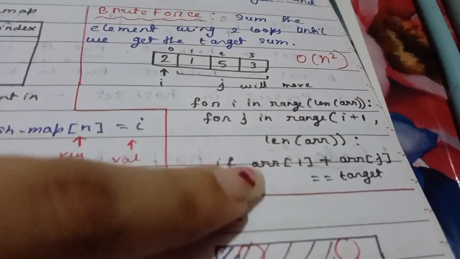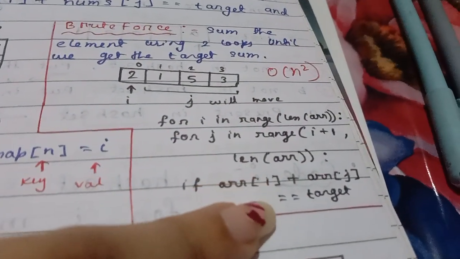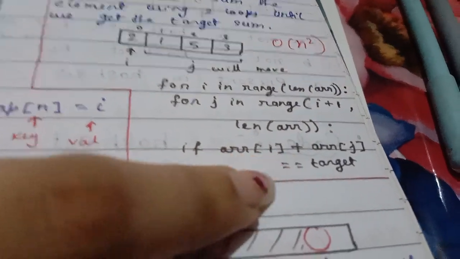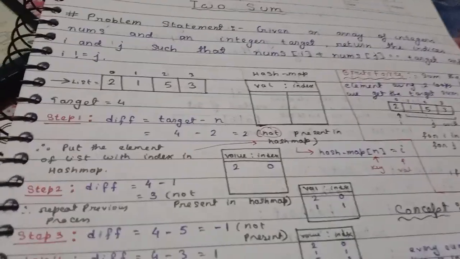For each I and j element we add the elements to check if the sum is the same as the target or not.